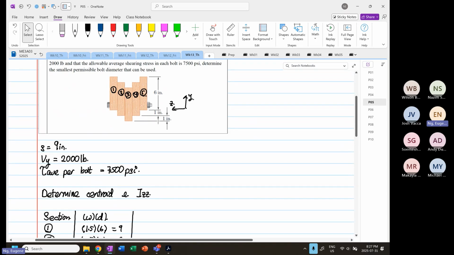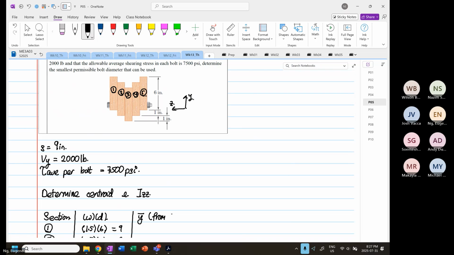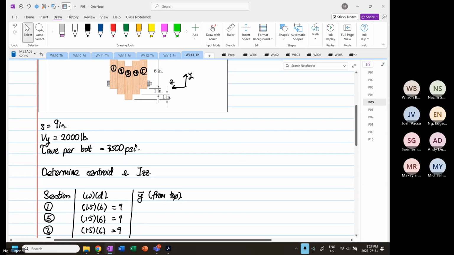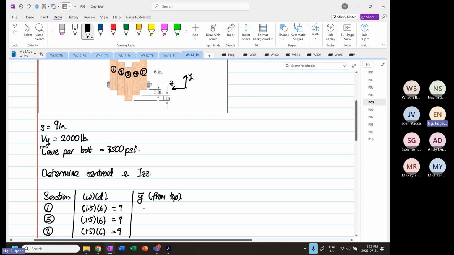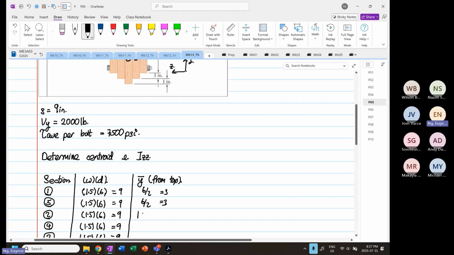Then you find Y bar from top. So this is 6 divided by 2, because 1 and 5 are the same. And the next one, because 2 and 4, it dropped by an inch. So 1 plus 6 divided by 2, 4.